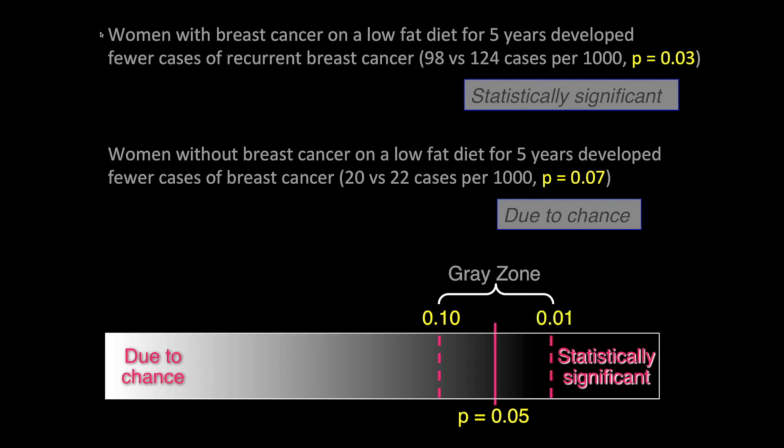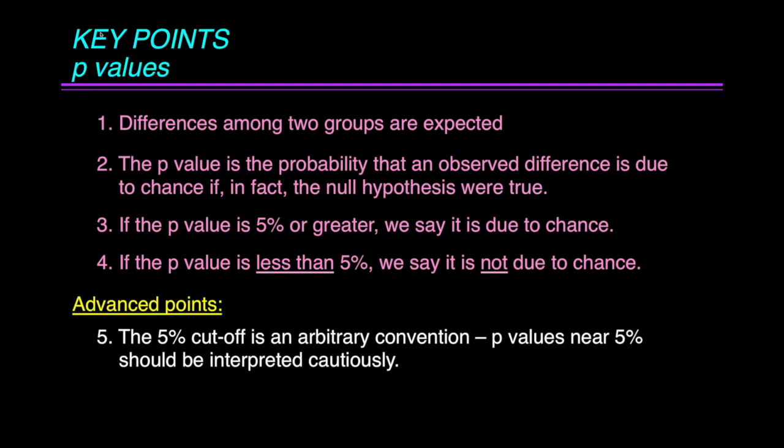That's a gray zone. And 0.07 and 0.03 is clearly in the zone. And so that's the advanced point. The 5% cutoff is an arbitrary convention. It's an artifact of history. There's no theory, no data to support it. So p-values near 5% should be interpreted cautiously.